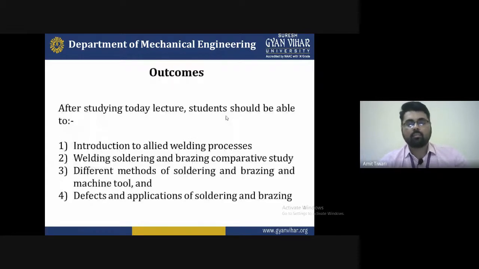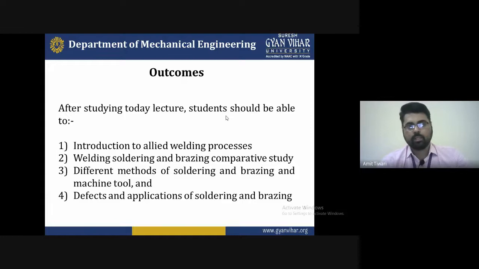At the end of this lecture, the students will understand, first, an introduction to welding processes; second, a comparative study of welding, soldering, and brazing. We will compare the difference between soldering and brazing, after which you will know the better option when you are doing your metal joining, so you can select as per your requirement.